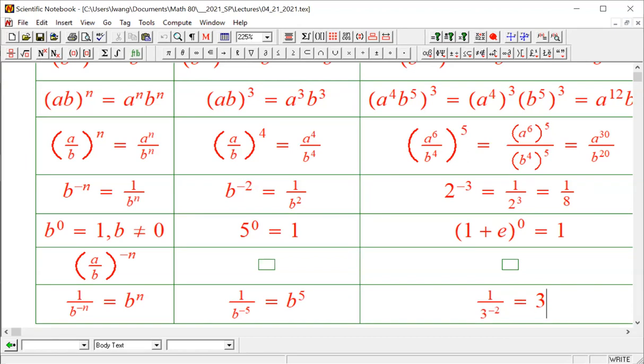That's just going to be 3 to the power 2, which is 9. And there's another one, 1 over 2 to the power negative 3. I'm going to leave that for you. So far, so good. Do you guys have any questions dealing with exponents?